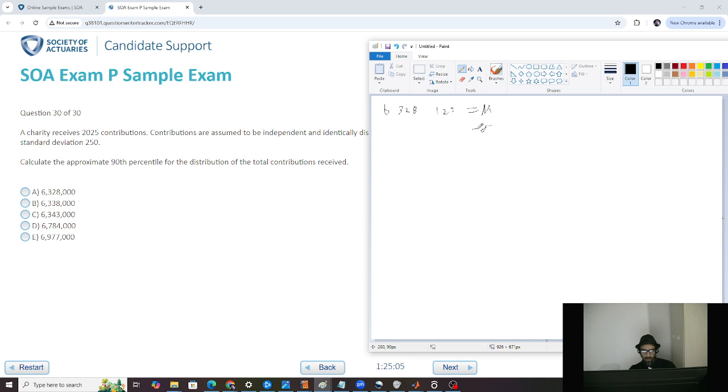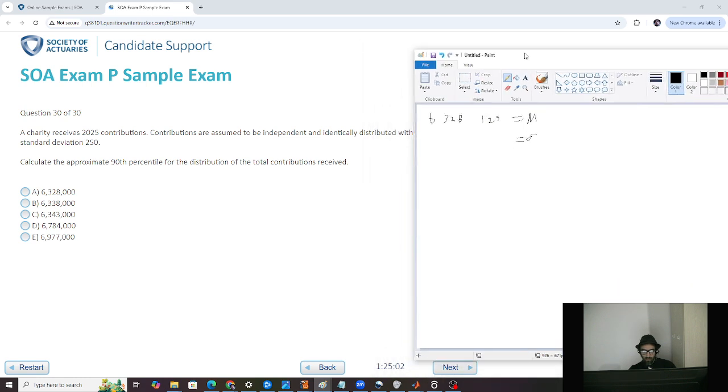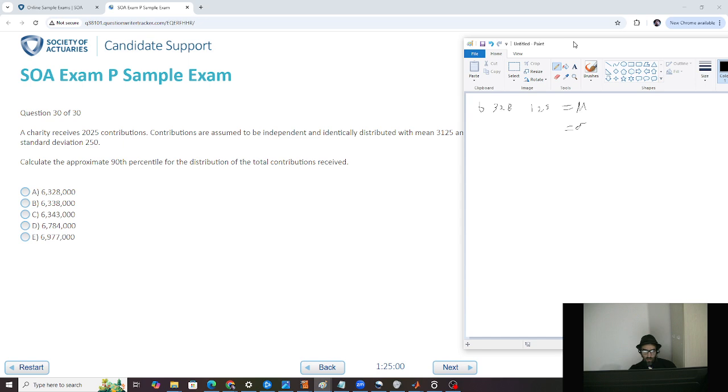The standard deviation is going to be the standard deviation for a single one, 250, times the square root of the number of contributions. The square root of 2025, I believe, is 45. So 250 times 45 is 11,250.